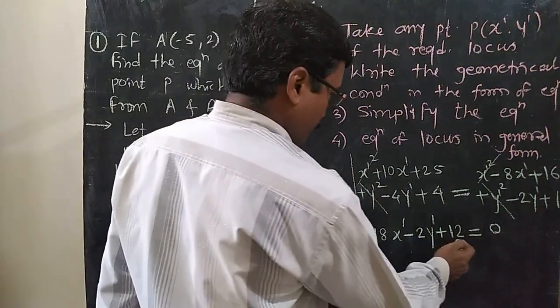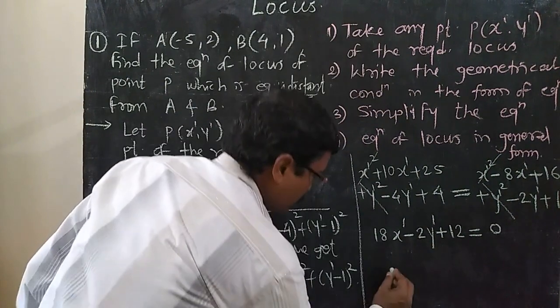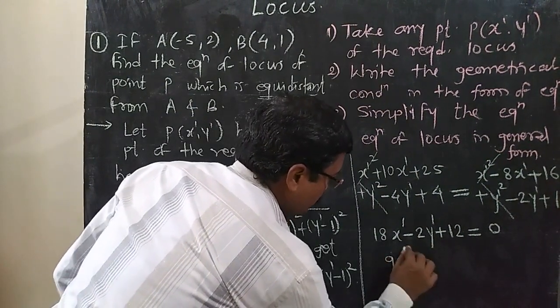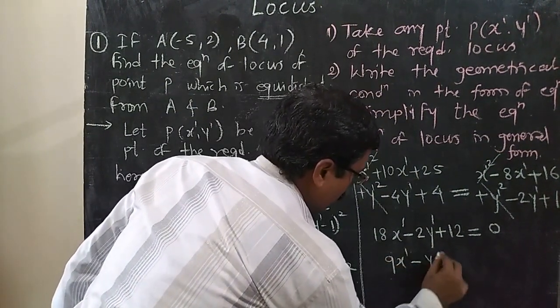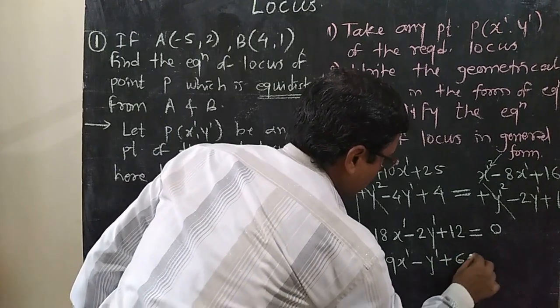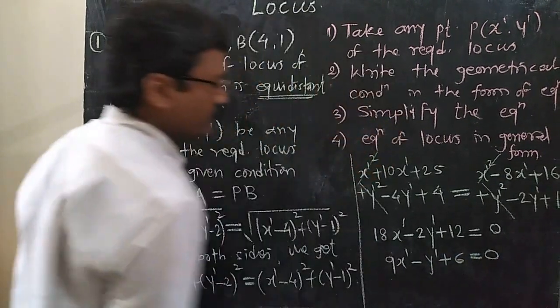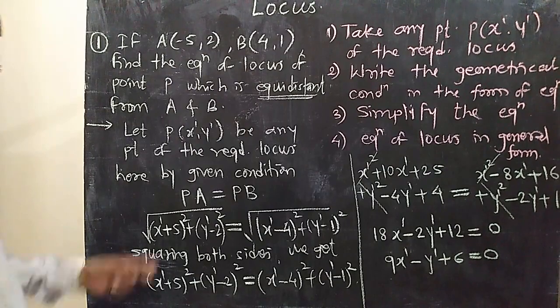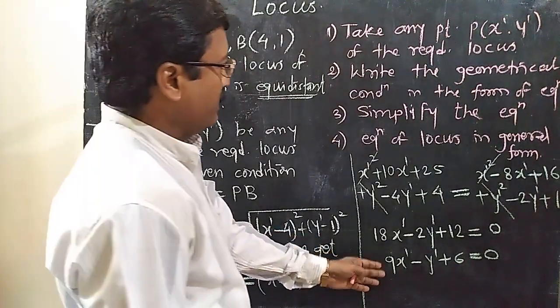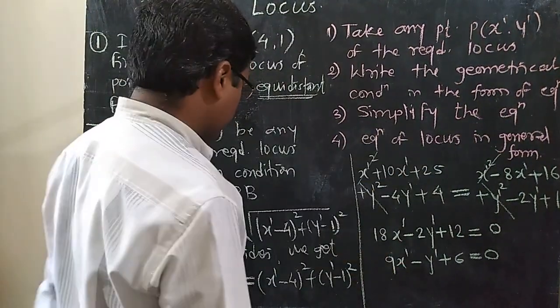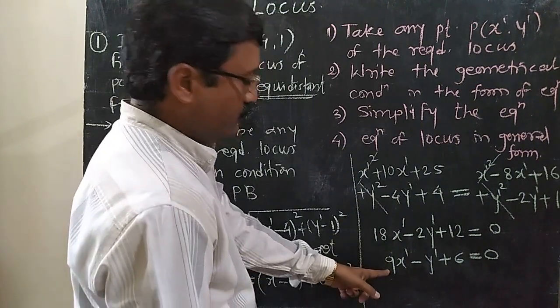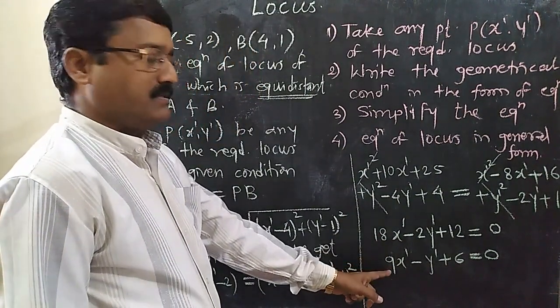So cancelling 2 from each term, we get 9x' minus y' plus 6 equal to 0. So this is the simplified form of the equation.